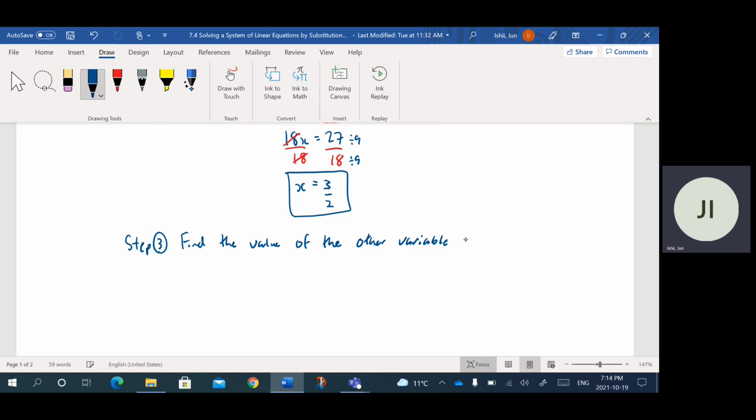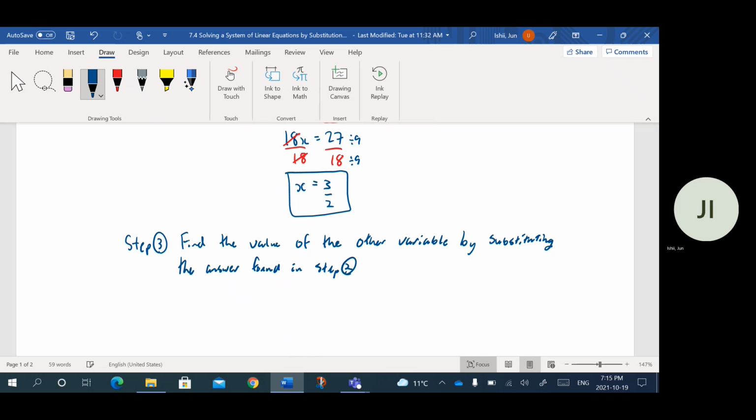And the way you're going to do this is by substituting the answer found in the previous step, answer found in step 2, into the equation found in step 1. All right, so that's pretty wordy.